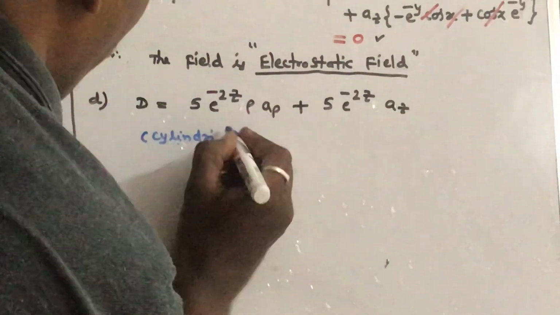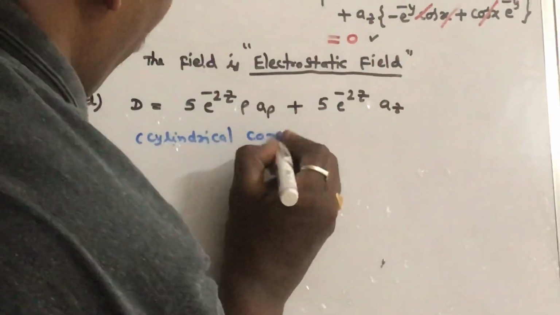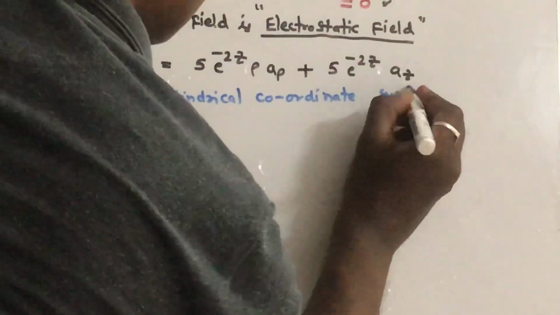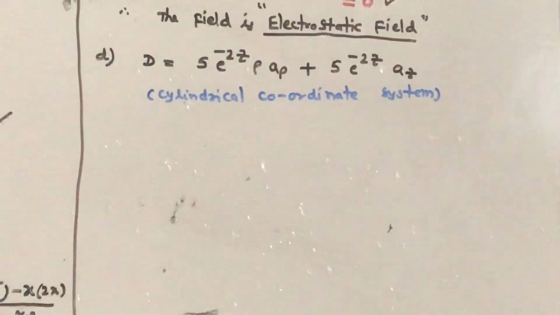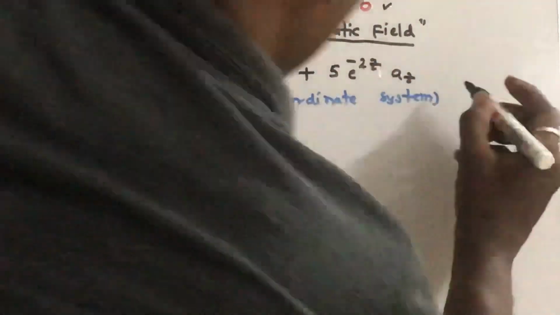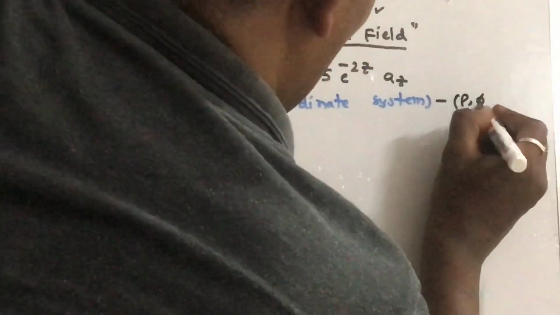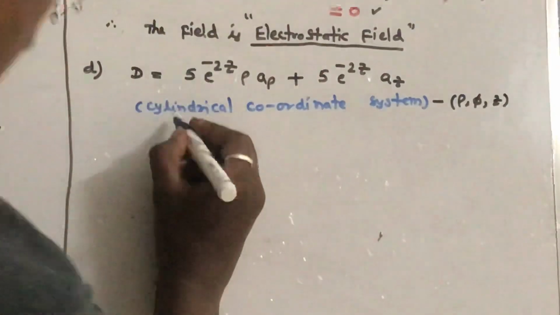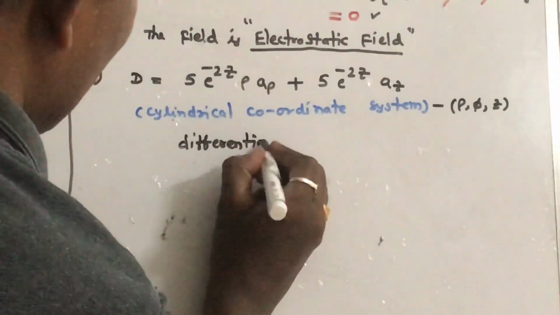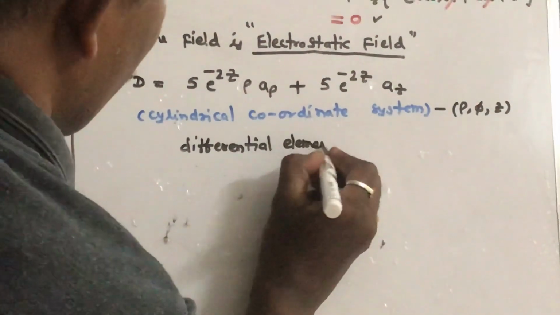Remember carefully, the problem is given in the cylindrical coordinate system. So what is the cylindrical coordinate system? Rho, phi, z. What are the differential elements?